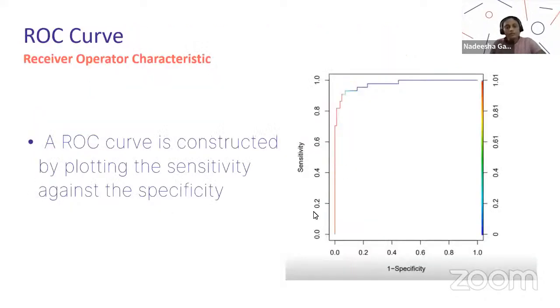To check this systematically, we can use the receiver operating characteristic curve, which we call ROC. Basically, we can visualize the variation of sensitivity and specificity with respect to the cutoff probability. Using that, we can find the best model.